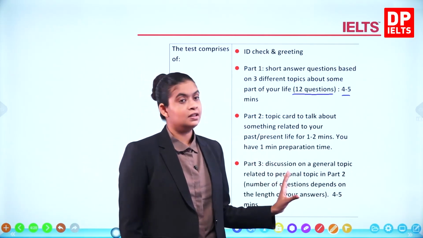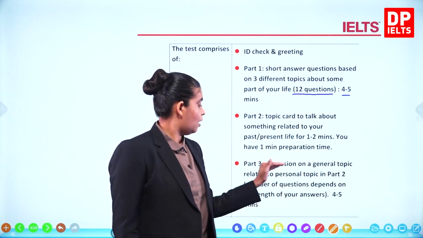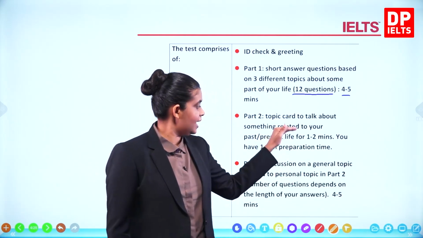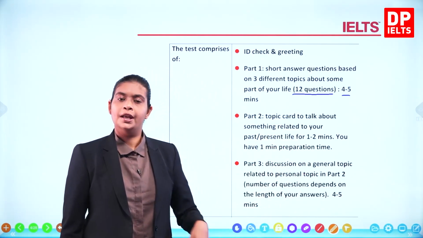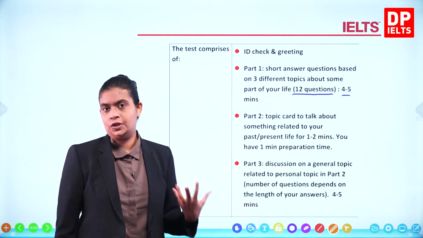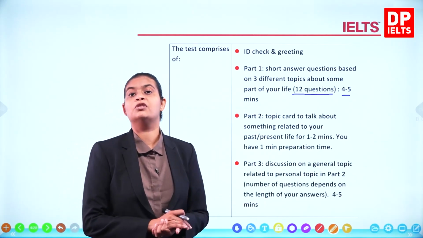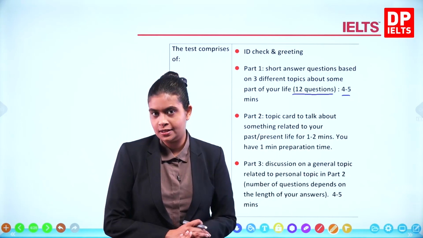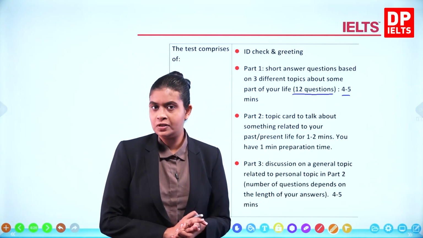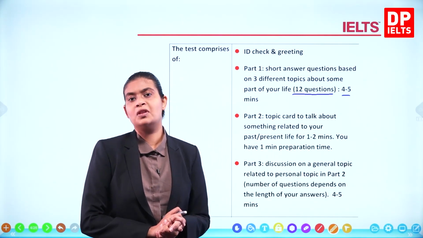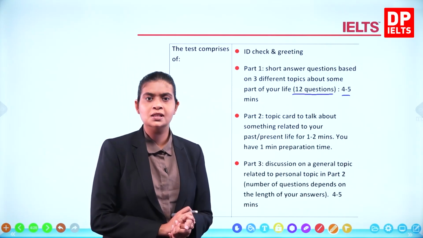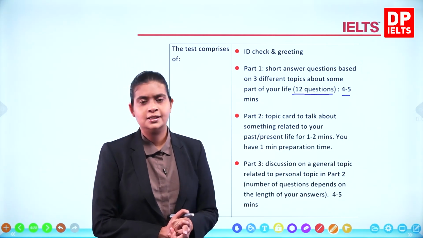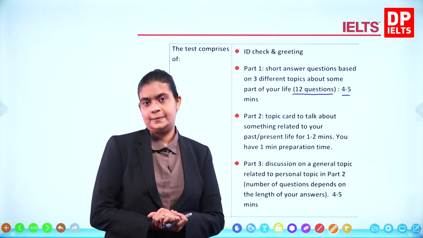Next comes part 3. Part 3 is related to part 2. In the example that I told you, you had to explain about a trip that you went on as a child. So part 3 questions will be about traveling, traveling partners, places you can visit, related topics.